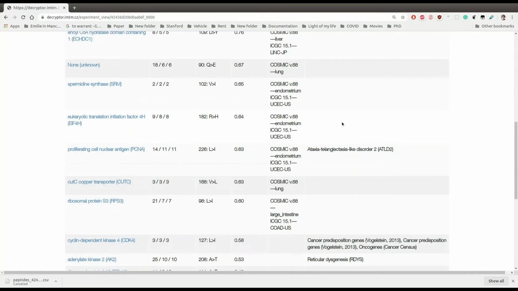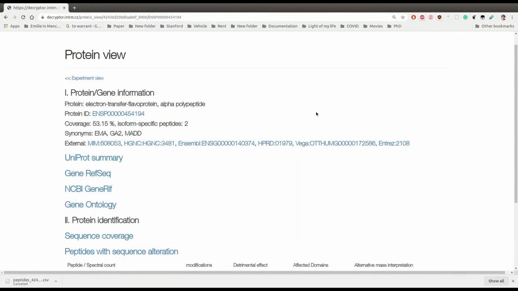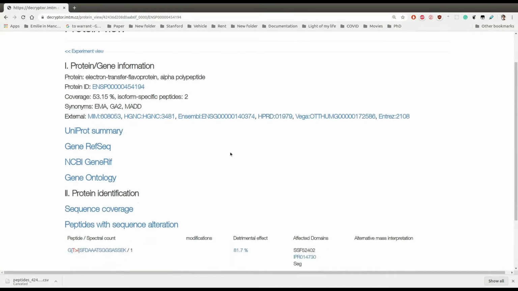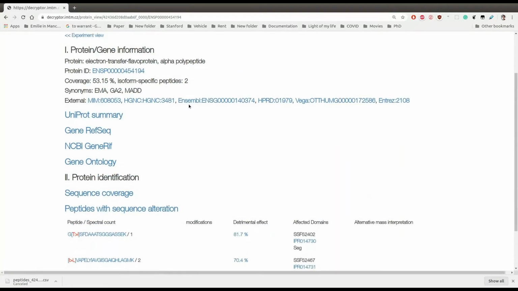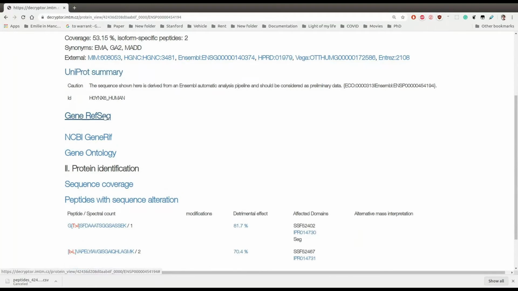So I'll just open, say, one of these to give an insight into the protein view. The protein view is basically a means to more easily get an idea of what the protein is about. You have some summarizations and external links if you want to read something about the protein, or whether there is something else available.